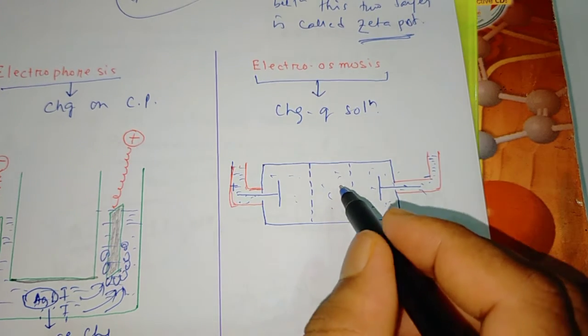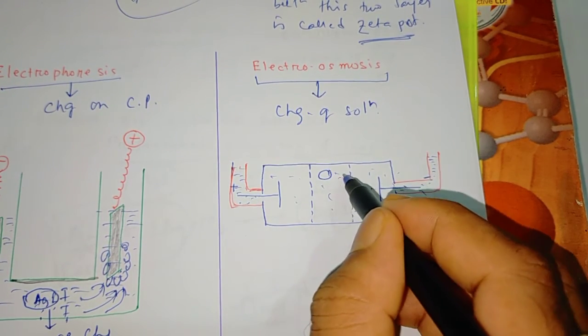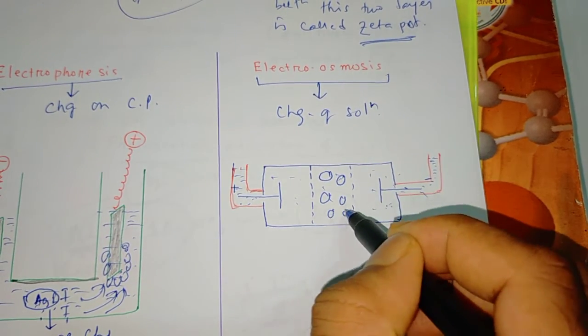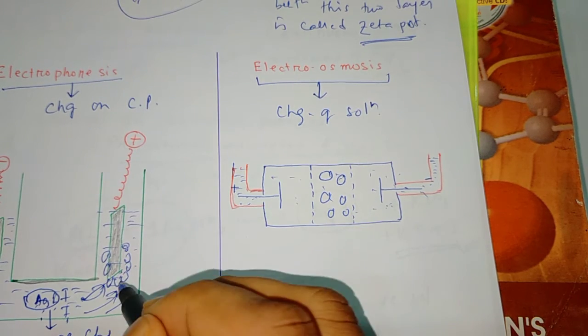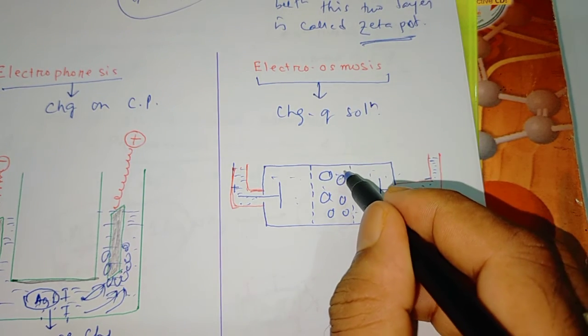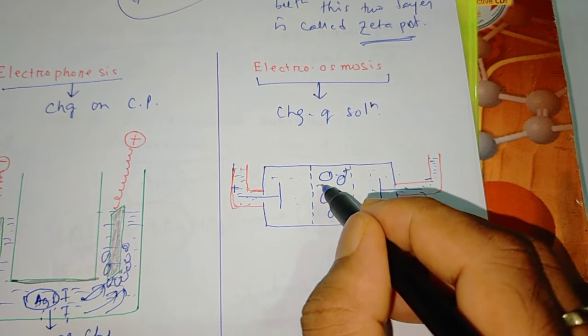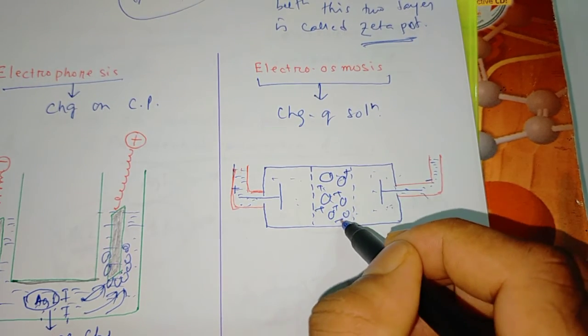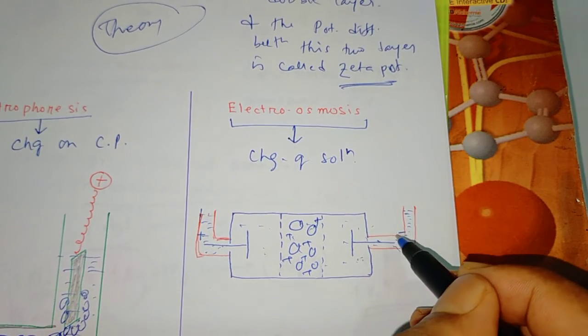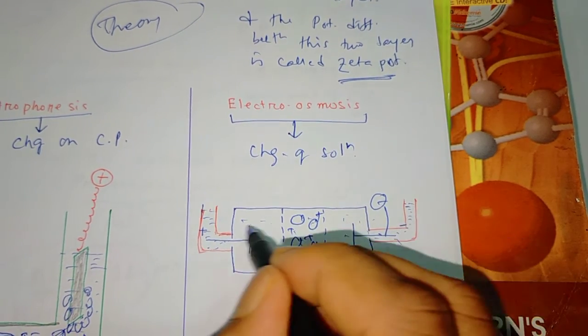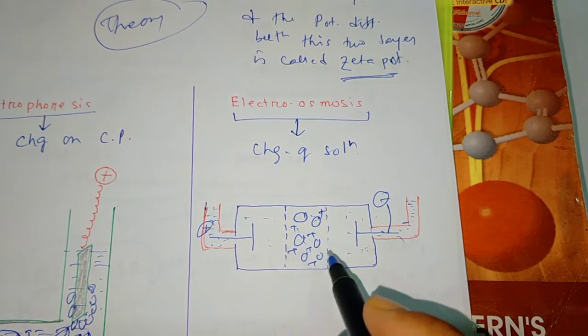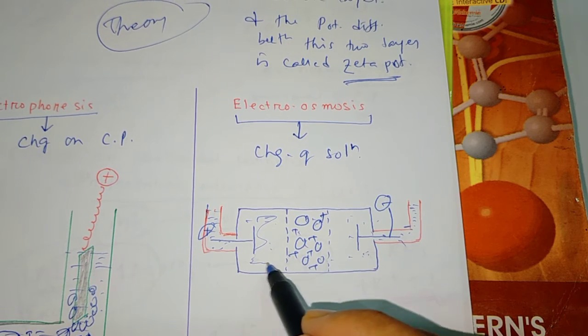Now, what is the charge on the solution? This is your colloidal particles. If I consider this one, the charge in the solution will be positive, because colloidal particles are negative. Now this one is negative and this one is positive, and this one is solvent.